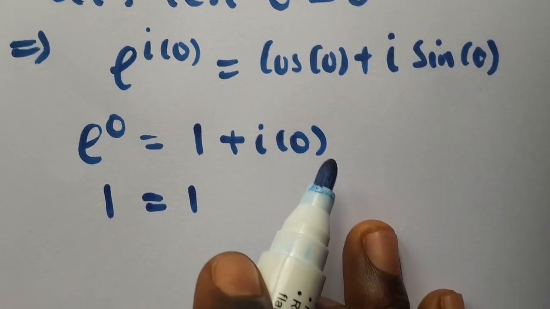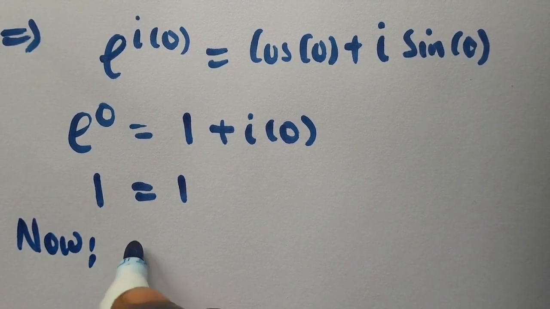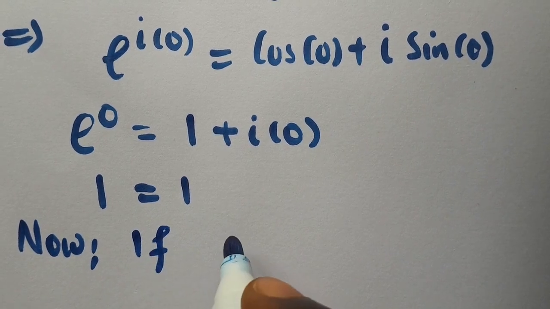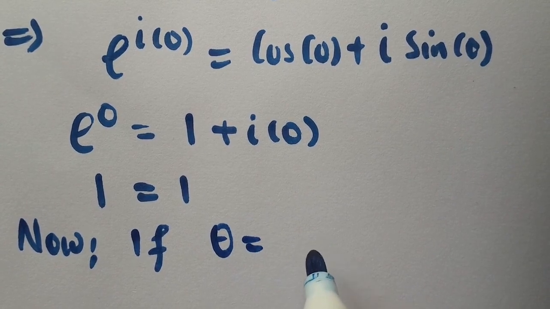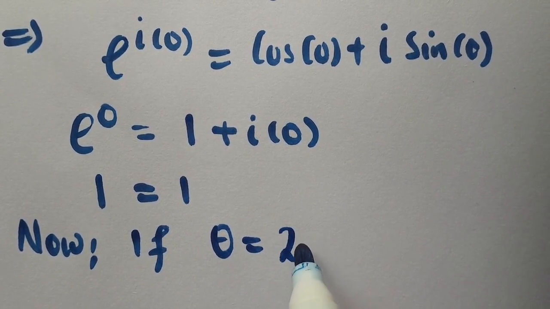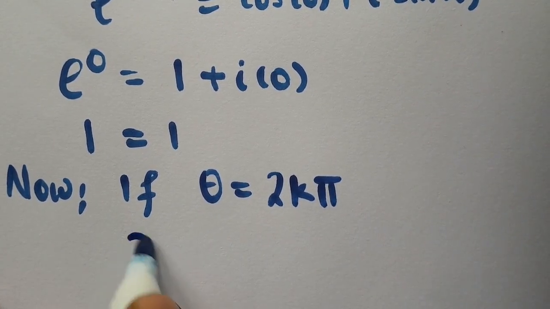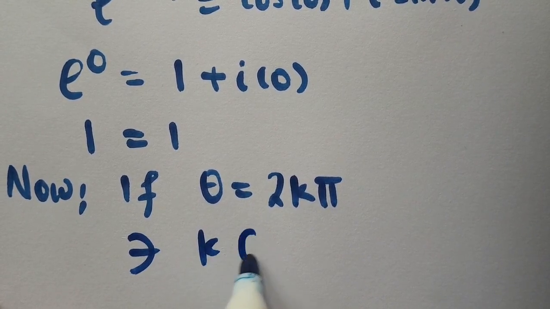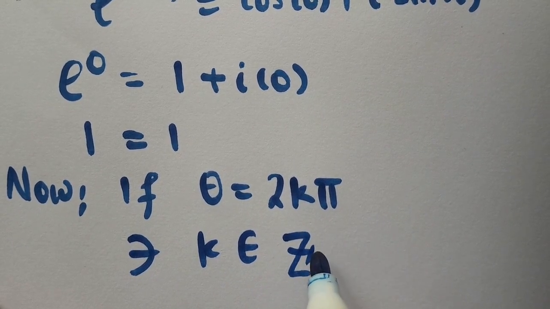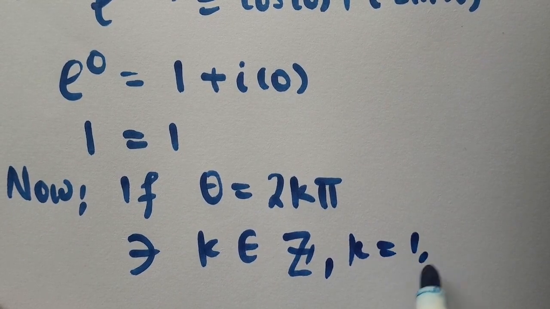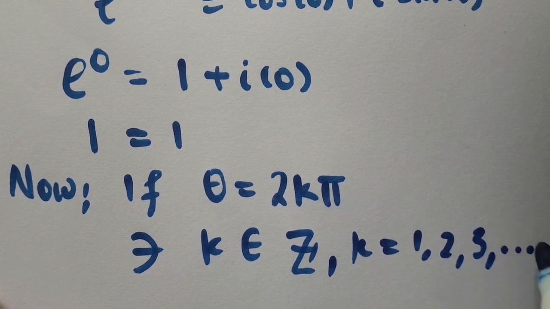So therefore we can now assume that if theta equals 2k pi such that k is a member of z, that is, k is a member of the integers. Now let's test.